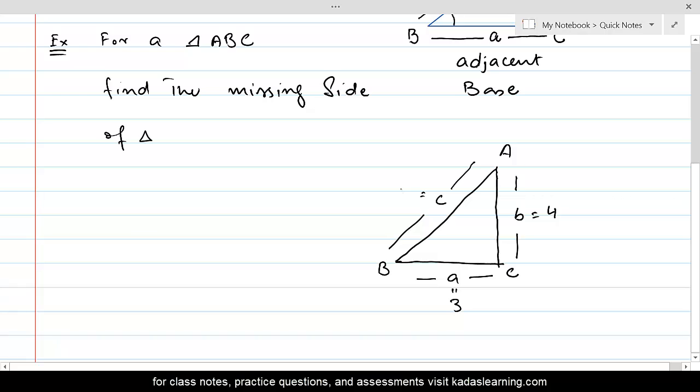We don't know what C will be. We can find the value of C by using Pythagoras theorem.